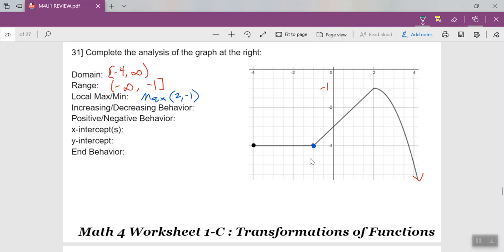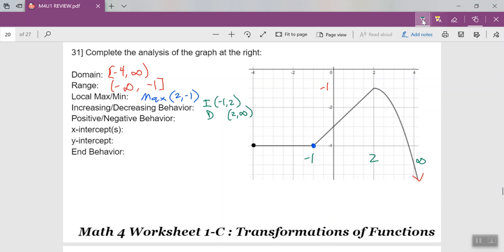Increasing really is happening from negative 1 up to 2. Now, I guess I wish I'd given you more space here. Increasing would be from negative 1 to 2, and decreasing would be from 2 to infinity.